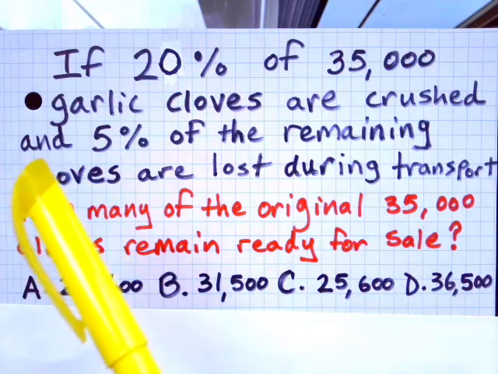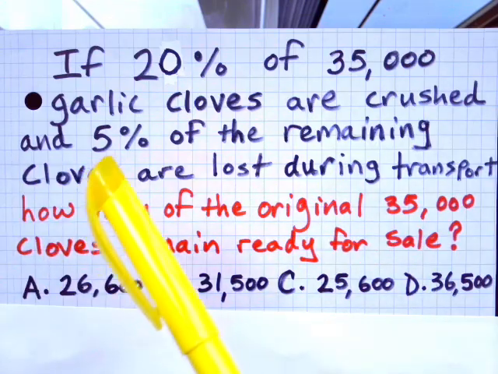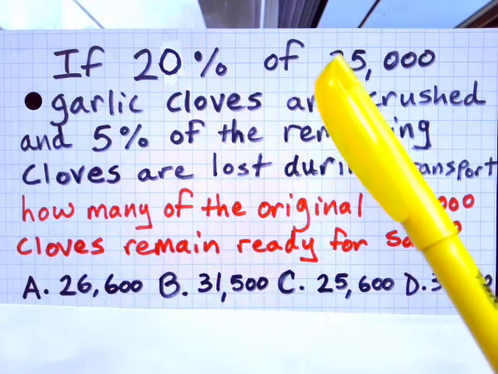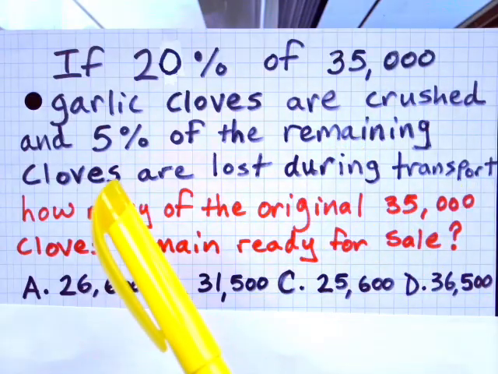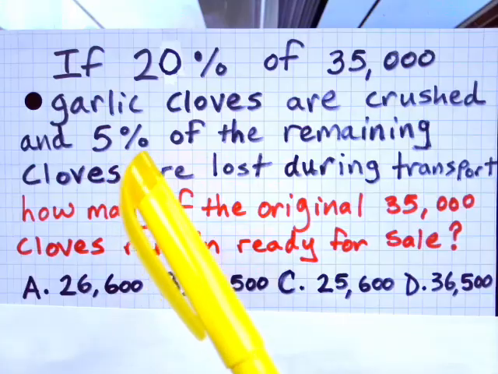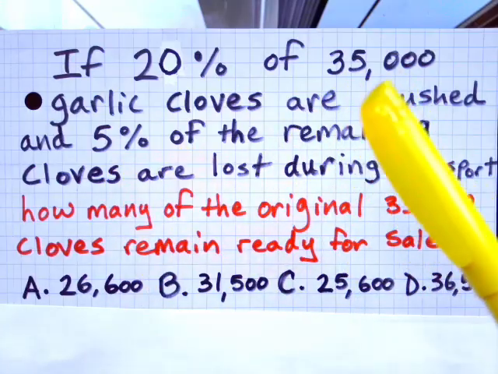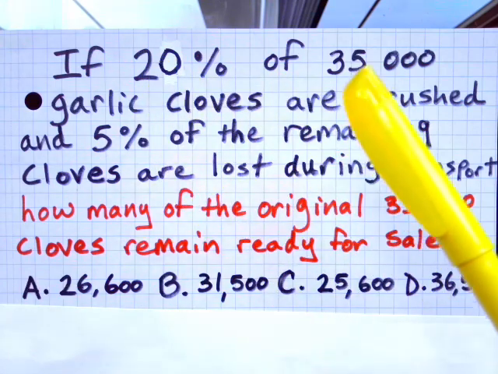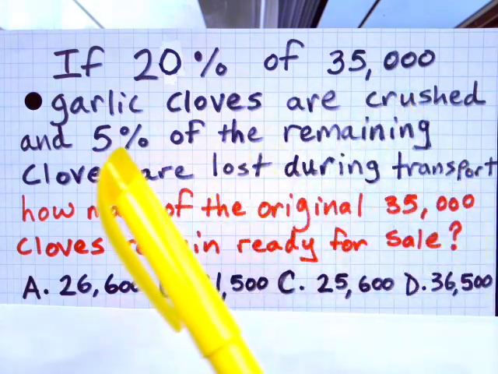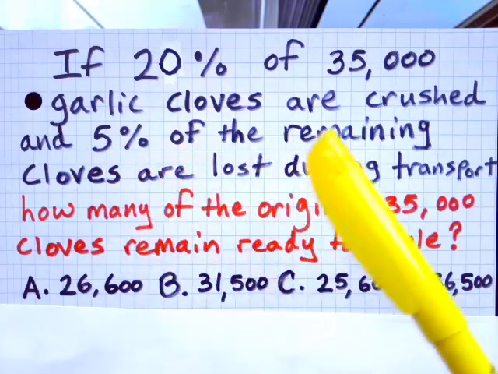And I'm also going to take 5% off of the remaining garlic cloves, right? So whatever value is left when I subtract the 20% from 35,000, I've got to take 5% off of that number.